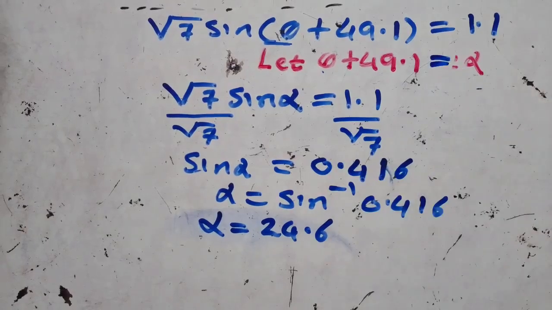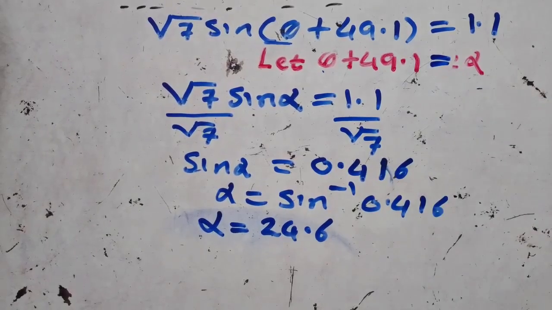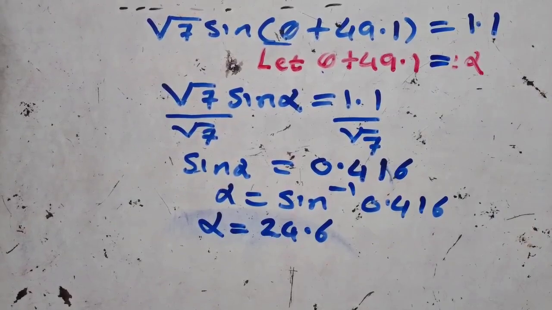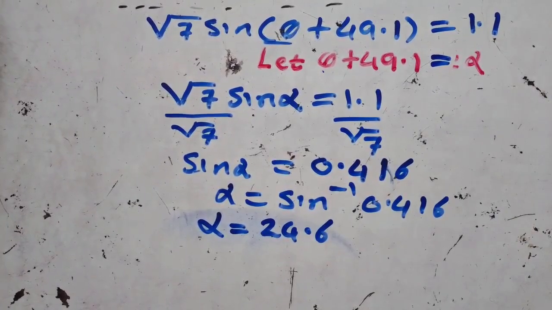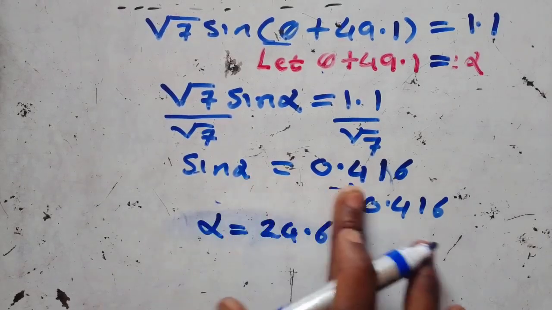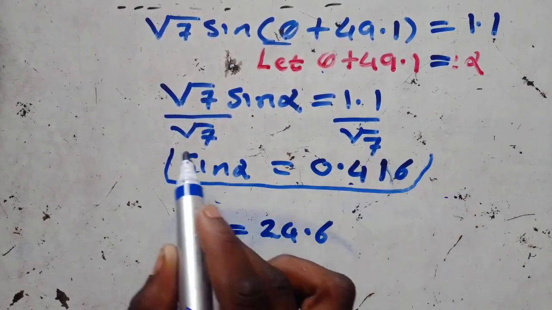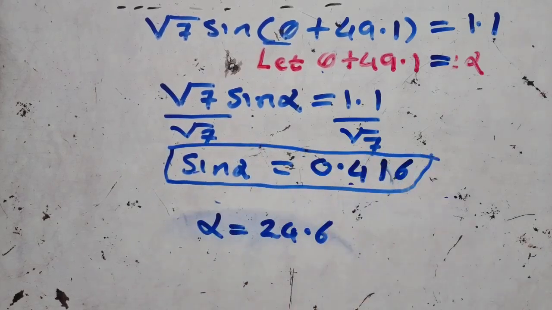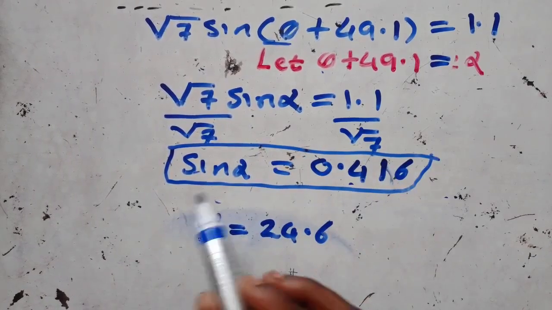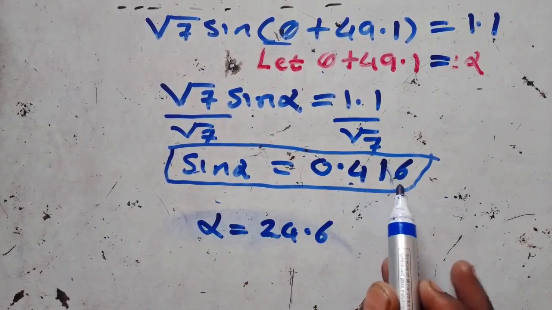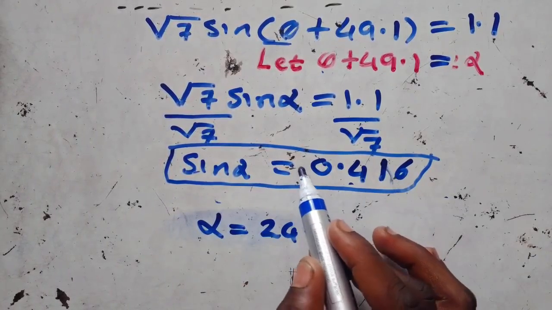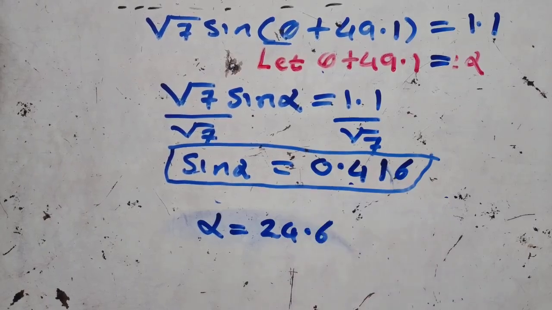Before we proceed, we reached the stage where sine acute is equal to 0.416. This is a positive value, which means sine is positive here.